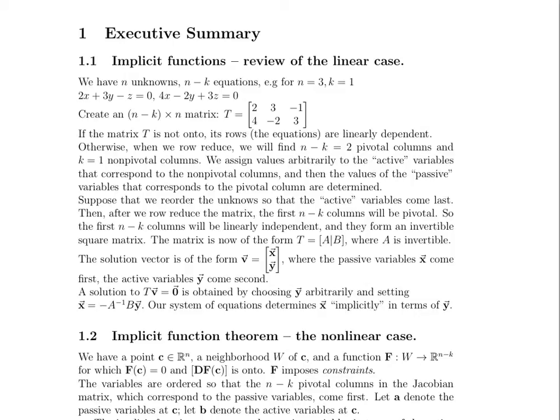And so what ends up happening is that a solution to T acting on v equaling the 0 vector, because that's what we wanted, when T acts on v, we always have 0 on the right-hand side, is obtained by choosing y arbitrarily and setting x equal to negative A inverse B times y.